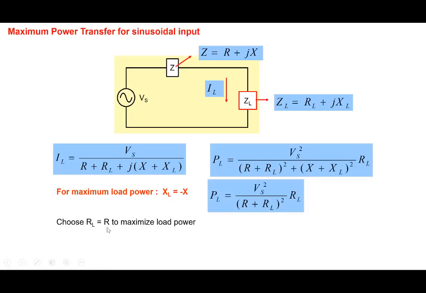Okay, so we have a condition for maximum power transfer that you should choose RL equal to R, and you should choose the imaginary part jXL as the conjugate of this particular part, as minus jX here, which is the same as saying that you should choose the load impedance ZL as the complex conjugate of the Thevenin's impedance here.